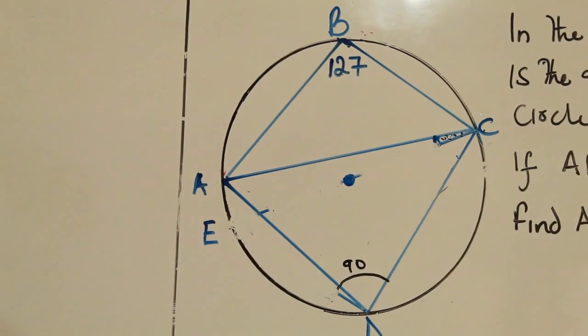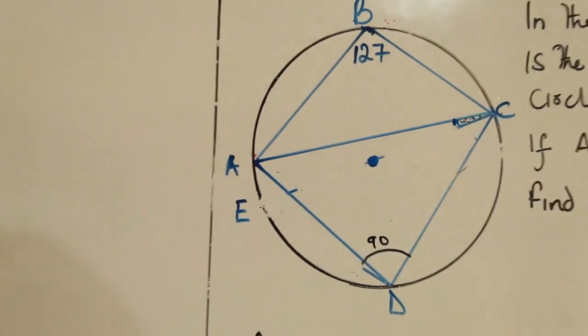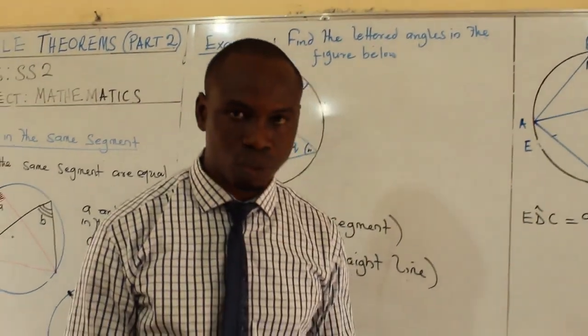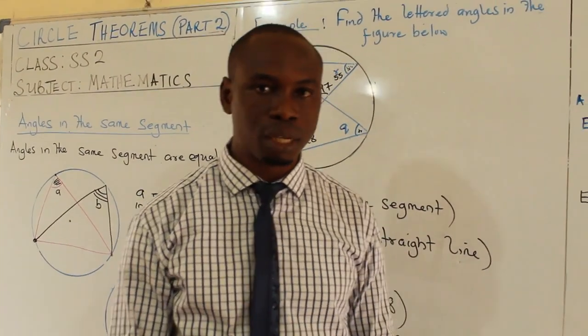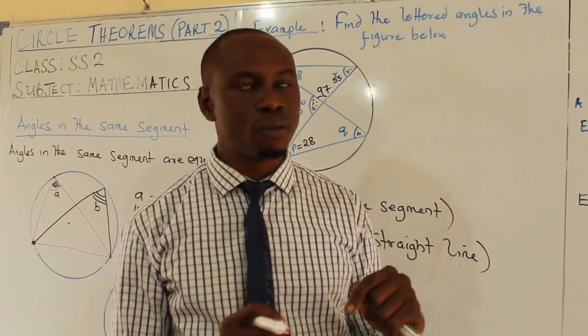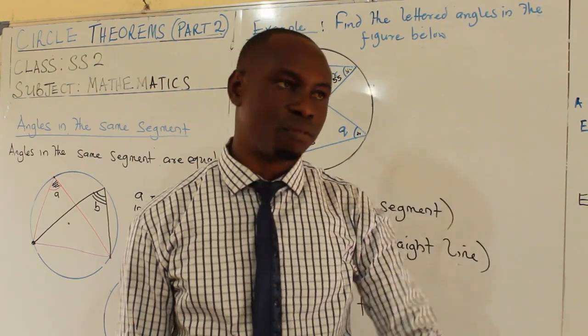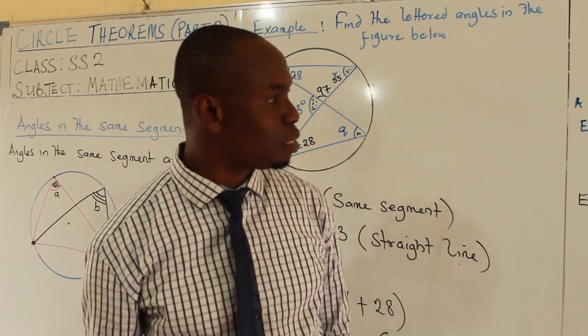And we had also said that opposite angles of a cyclic quadrilateral are supplementary. In our first video class, we discussed the properties of a cyclic quadrilateral. We said that an angle formed at one end and the other part of the cyclic quadrilateral sum up to 180 degrees.